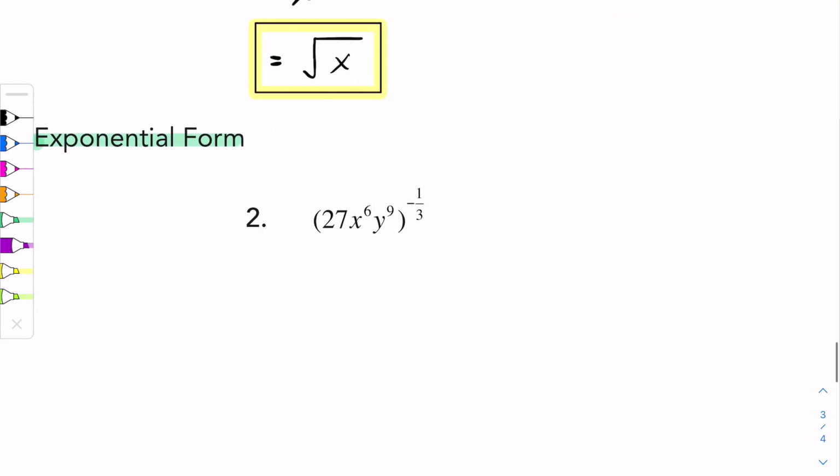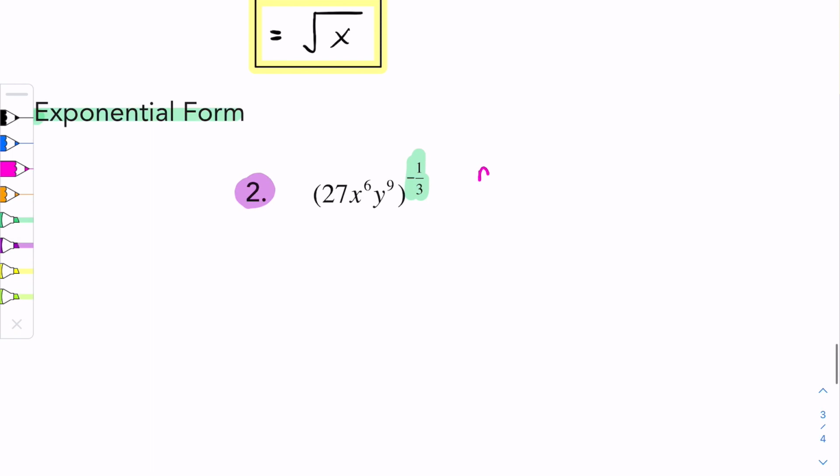Number 2 is a big one. You're definitely going to see this on a quiz, just as a hint. But this is in parentheses 27 times x to the 6th times y to the 9th raised to the power of negative 1/3. We have a negative exponent.